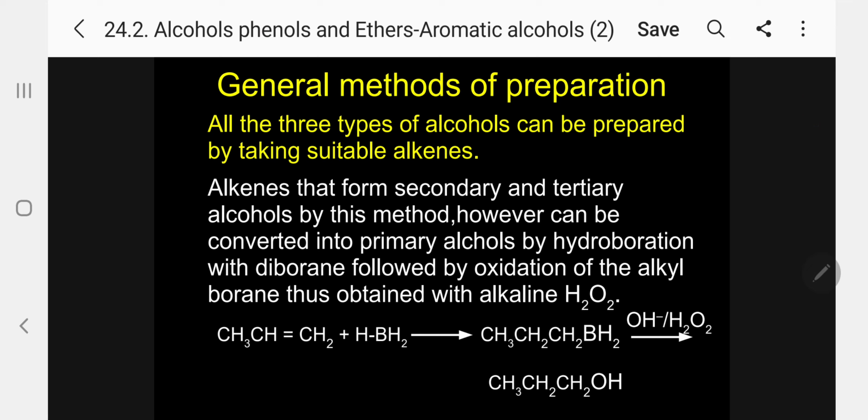So even if you want to prepare primary alcohol from any alkene other than ethylene, we can convert it into the corresponding primary alcohol with the help of the suitable reagent, diborane followed by alkaline hydrogen peroxide. Just see the reaction.